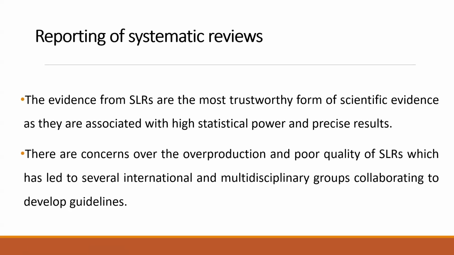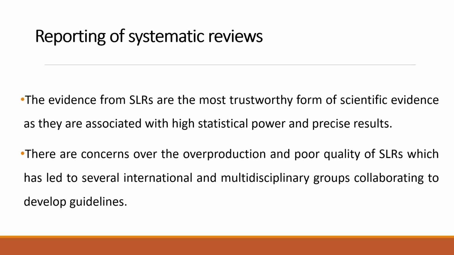The evidence from systematic reviews is the most trustworthy form of scientific evidence, as it is associated with high statistical power and precise results. In the evidence pyramid, you have already seen systematic reviews lie at the topmost level of evidence. There are concerns over the overproduction and poor quality of systematic reviews, which has led to several international and multidisciplinary groups collaborating to develop guidelines.